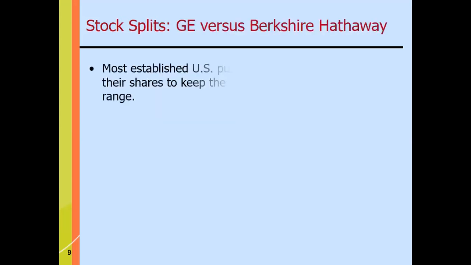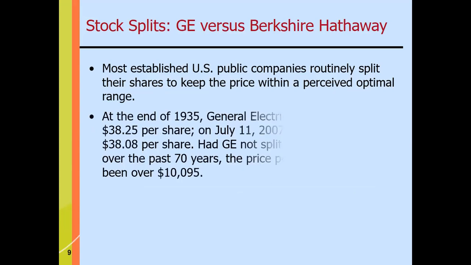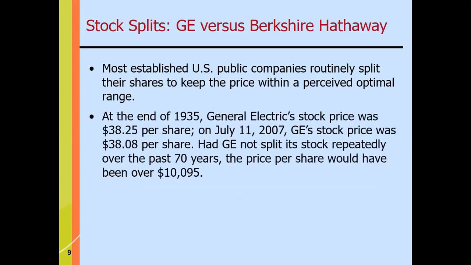Overall, it's the same. Now, stock splits for General Electric, a big corporation in the US, versus Berkshire Hathaway. Most established US public companies routinely split their shares to keep the price within a perceived optimal range. So they want the values of their shares to be about the same. At the end of 1935, the stock price was this amount in dollars.